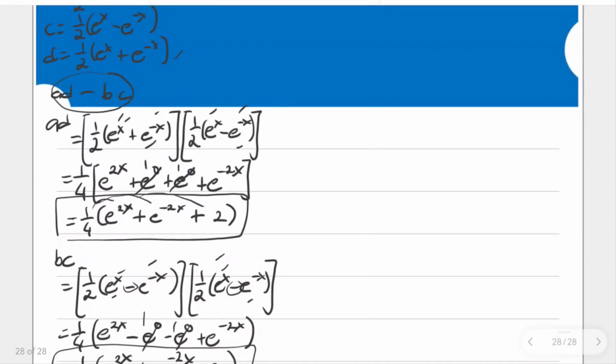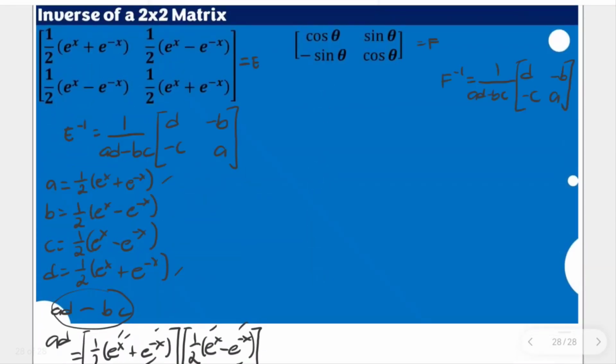So when we return here to this formula, it's simply equal to 1/1 times these results here. Let me add this at the bottom, so I still have space for the second one beside it.